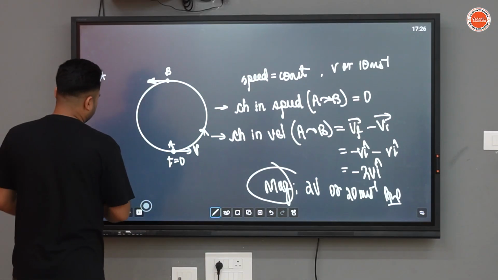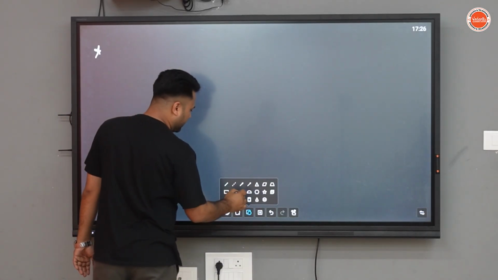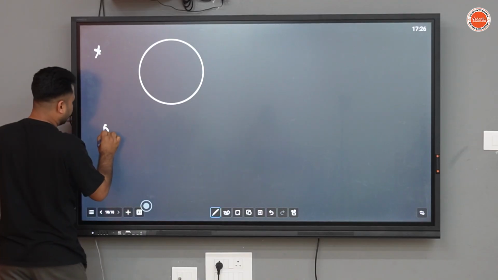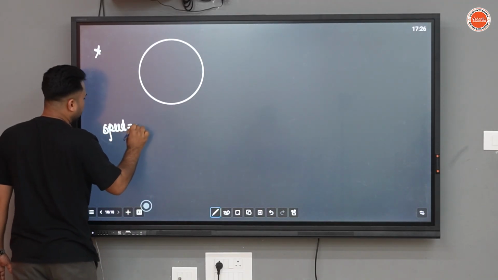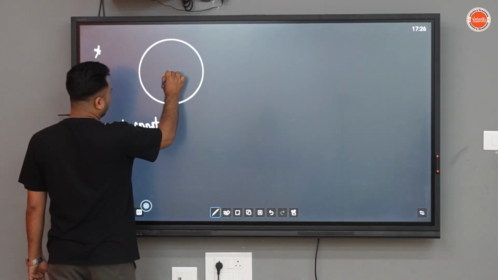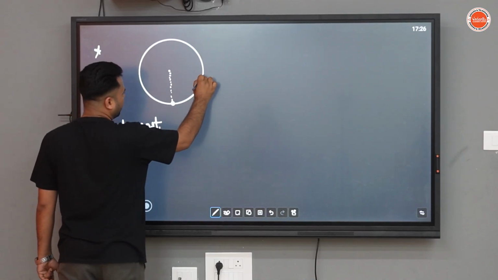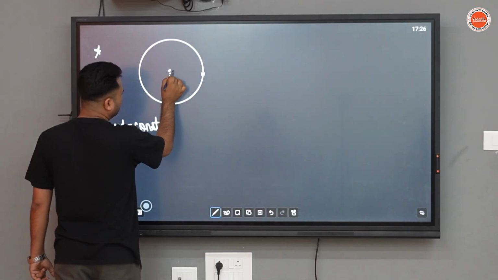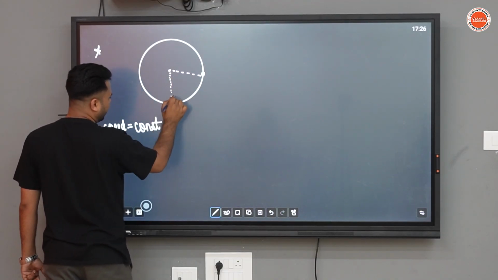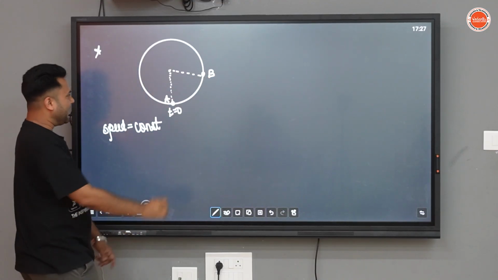Okay. Now we have a direct formula also for this. If we have a circular motion and the speed is constant, meaning the value is not changing, suppose earlier you were at A at t equals 0, and after some time you reach point B. This angle is suppose theta.